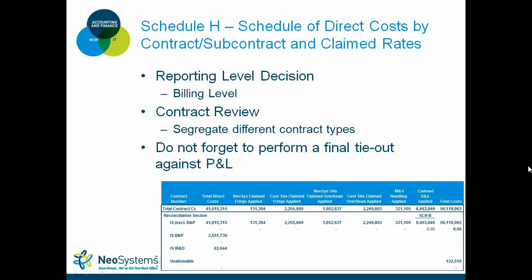Contract review: please make sure that you have the correct contract types in the list of those contracts. We often find a contract that may be commercial but is listed under T&M because it is a T&M contract. But remember, all commercial contracts, regardless of what the type is, need to go into the commercial section. And don't forget, please do this final tie-out against the P&L.